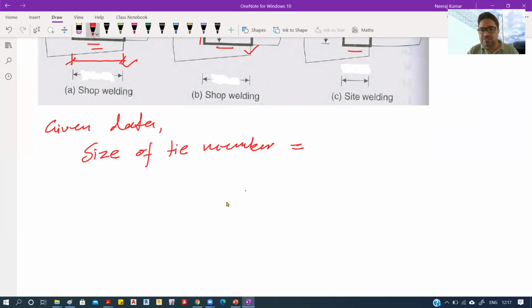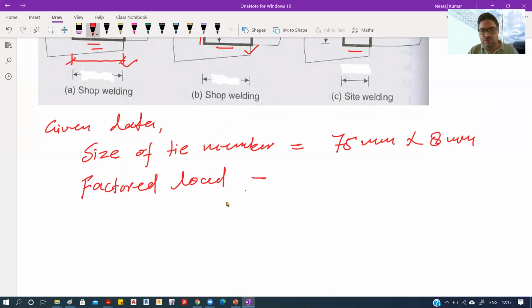Size of tie member is given as 75 by 8. Then factored load is given. Factored load is equal to 145 kilonewton. So this is already given in the numerical.